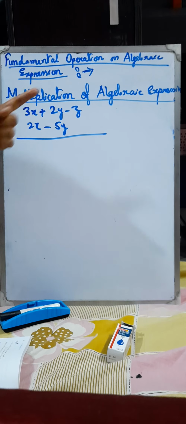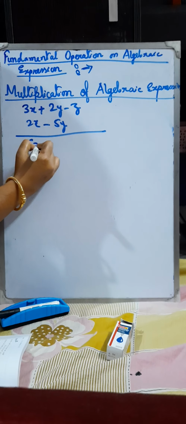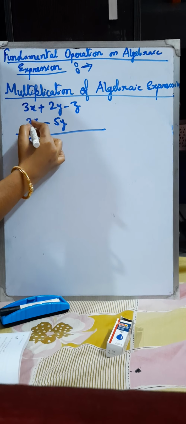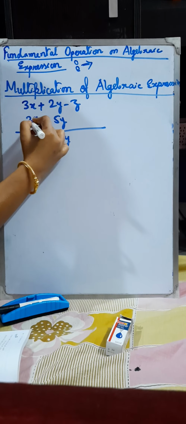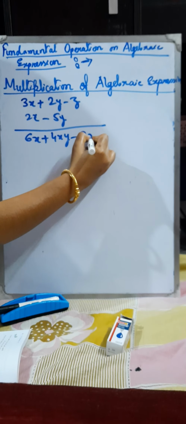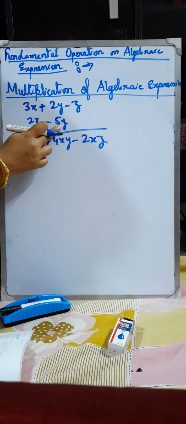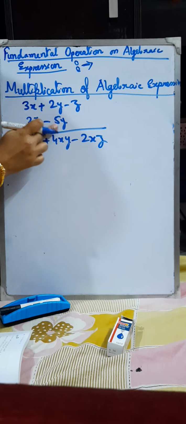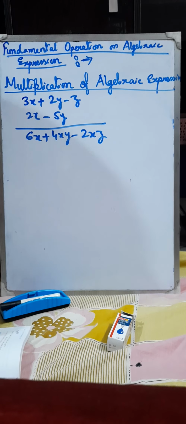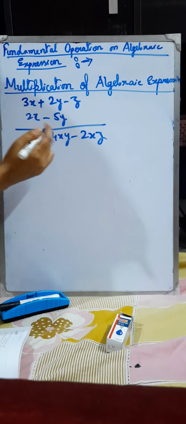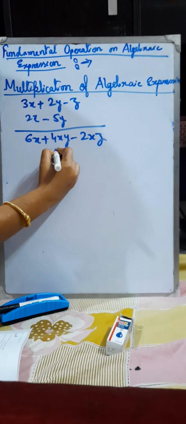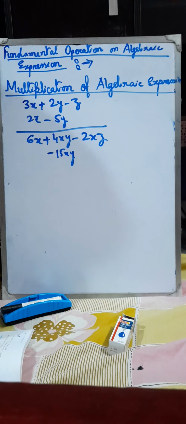That means 6x square plus 4xy minus 2xz. Right? Now next, minus 5y multiplied: minus 15xy. xy is over here, so we write 15xy right there.